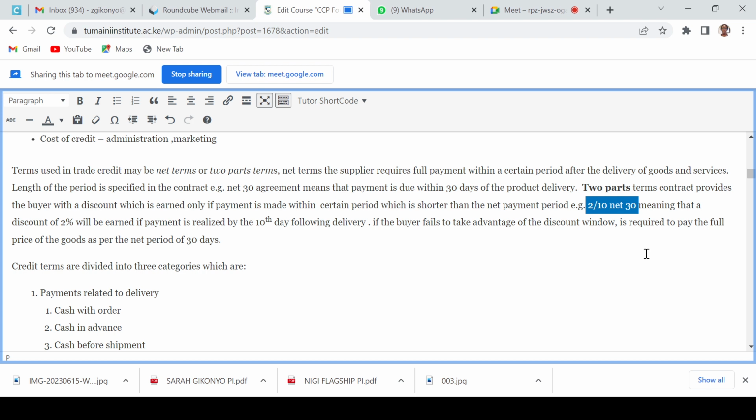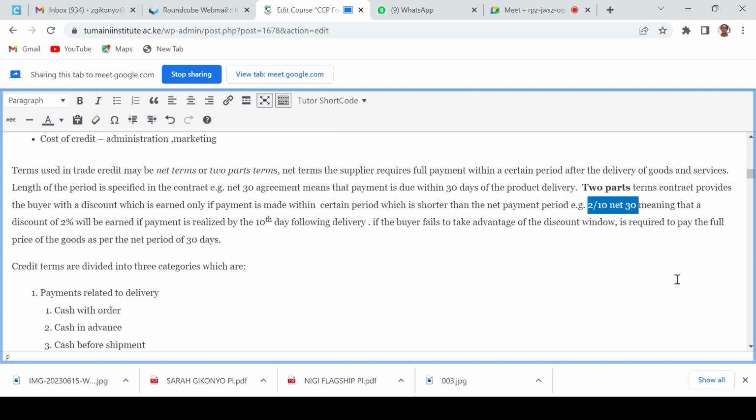The other one we said net 30, meaning payment is expected after 30 days. Okay? With 2-part terms, the contract has 2 ways that you can pay the supplier. How can I pay, or how can we be paid?